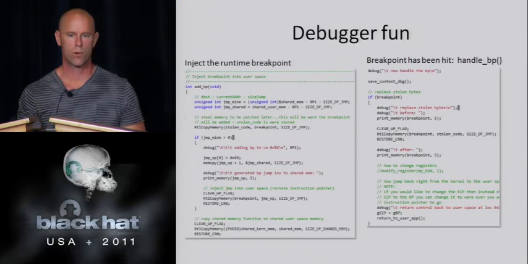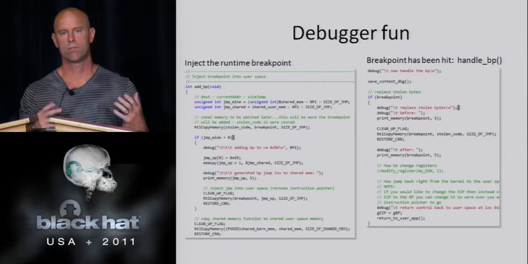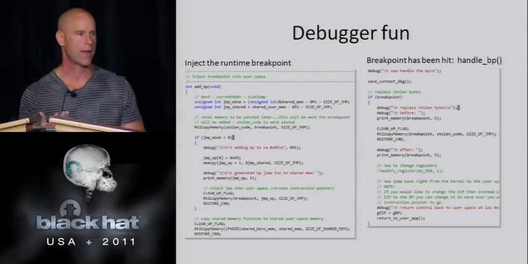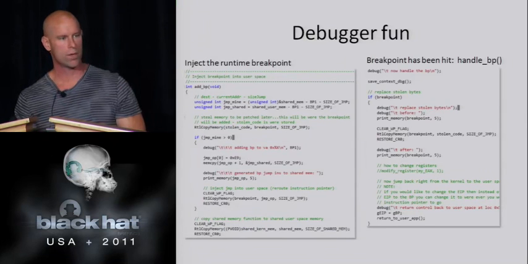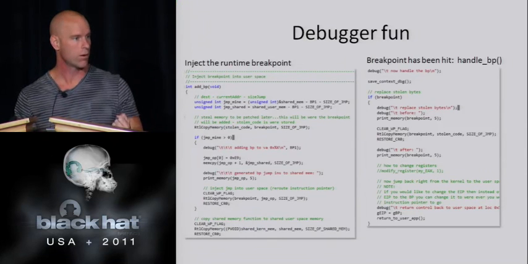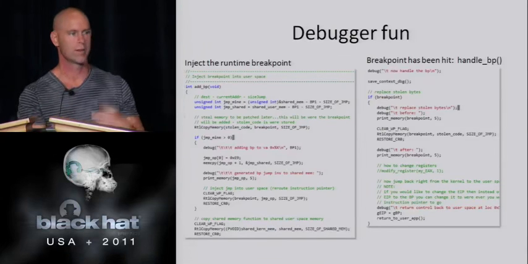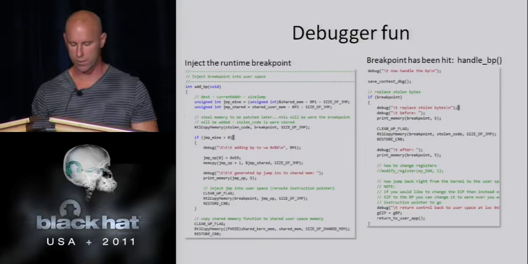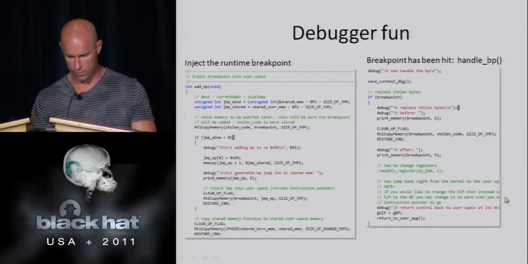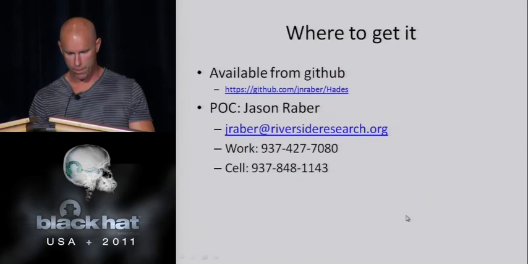For the one-time breakpoint, as I take the bytes and steal them from the jump, I just throw them right back in. So when control is passed down to the driver, the first thing I do is restore the context and restore the stolen bytes, print out the registers, and then jump back. Fairly simple. As you can see right here, it's doing the writing back of the memory, printing out the memory, and then jumping back.